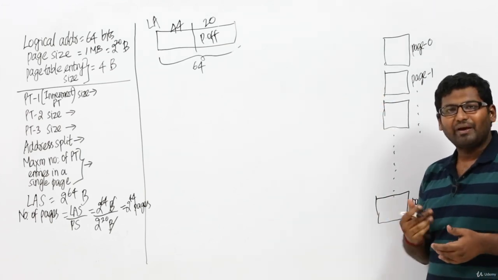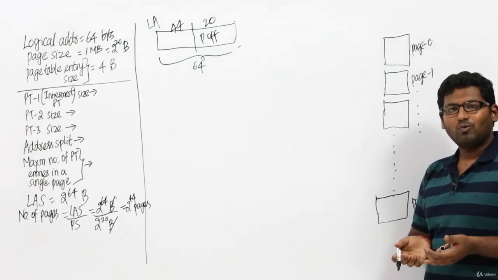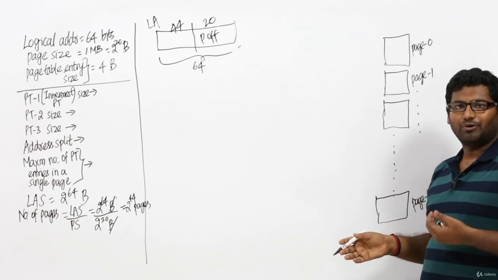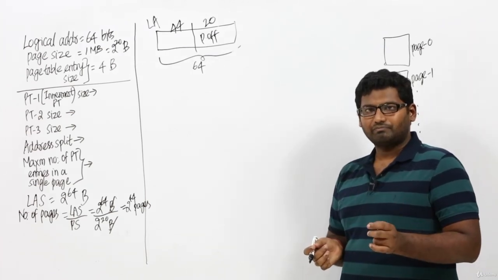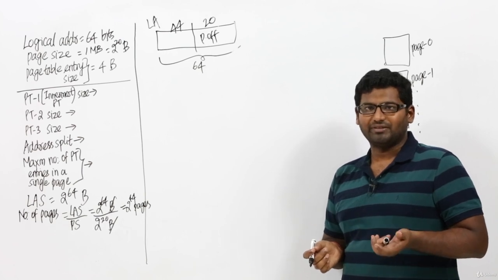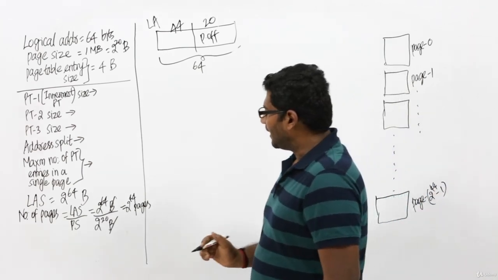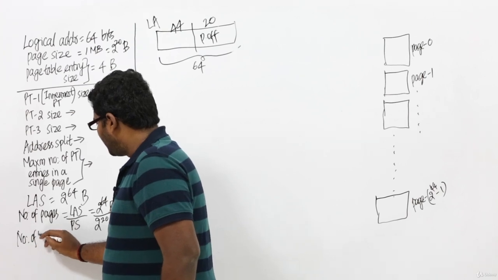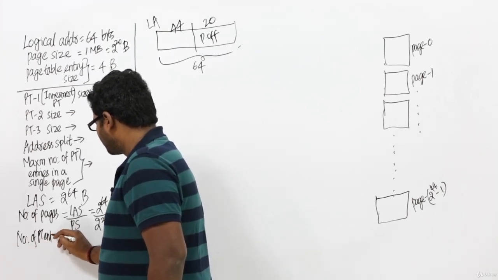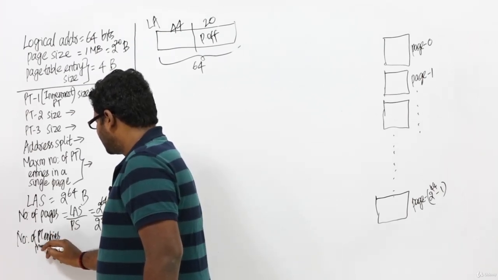Now how many pages do I need in order to hold this page table? That is the question, right? That really depends on how many entries can be accommodated in a single page. Let's compute that: number of page table entries in a single page.